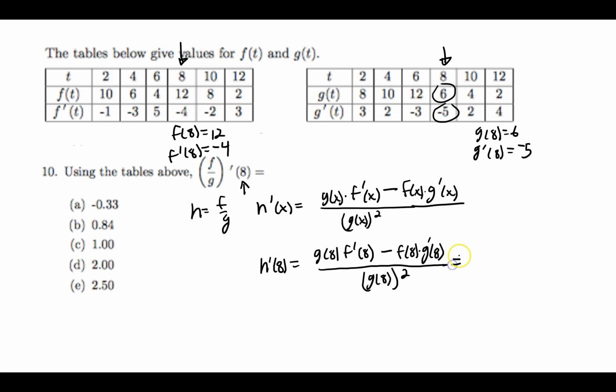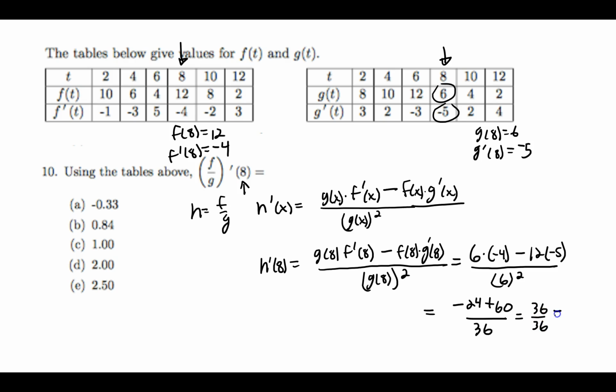So we plug in a 6 times a -4 minus a 12 times a -5, and that's all divided by the 6 squared. We get a -24, and we add on 60 and divide by 36. So that actually ends up as 36 over 36. Wow. Equals 1.